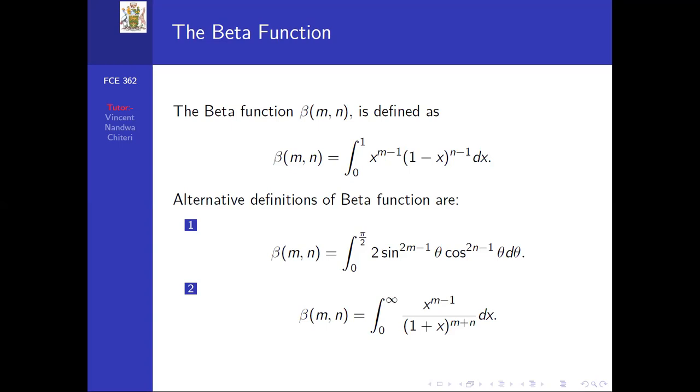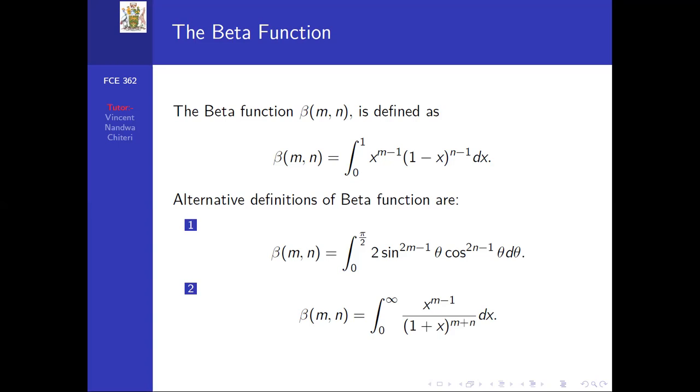So we also have other alternative definitions of the beta function, which can be given in terms of the trigonometric function as the integral from 0 to pi over 2 sine raised power 2m minus 1 theta cos raised power 2n minus 1 theta d theta. And also we have the beta function defined in terms of the integral from 0 to infinity x raised power m minus 1 over 1 plus x raised power m plus n.